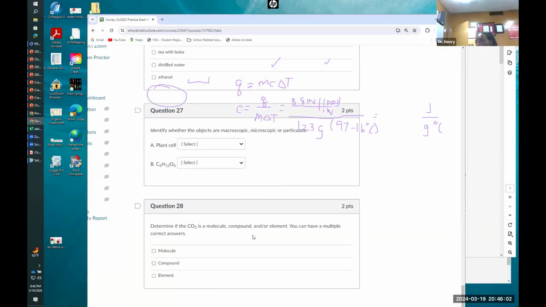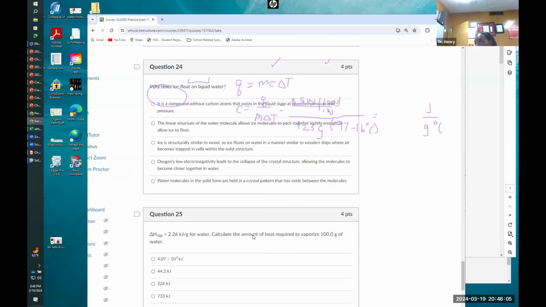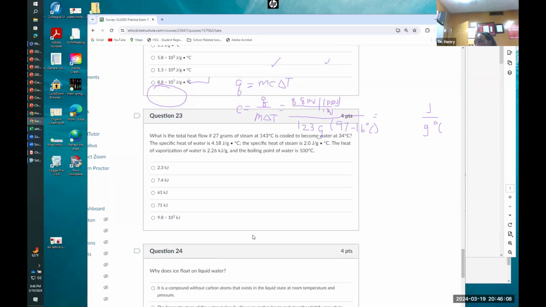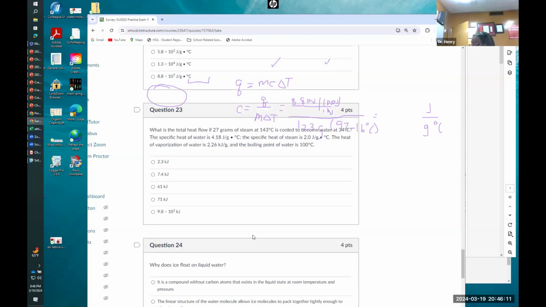Okay, how do I get all the way to that? Okay, so number 23. What is the total heat flow if 27 grams of steam at 143 degrees Celsius is cooled to become water at 34 degrees Celsius?